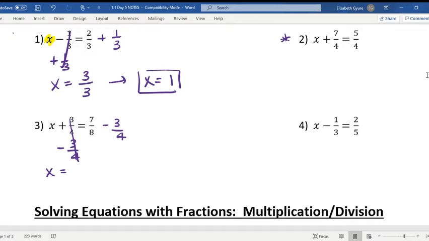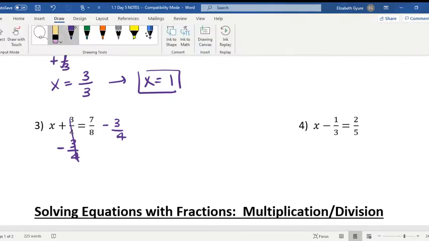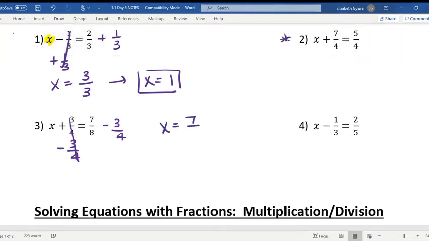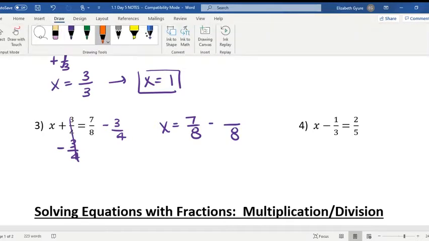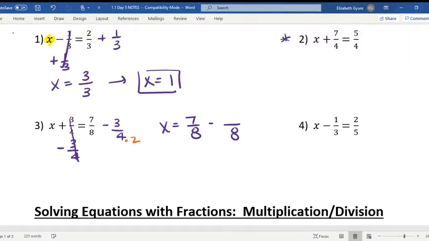So do I need to do anything to the first fraction then? No, we're just going to leave it as, and I'm actually going to move this so I have a little bit more room. I'm going to write on the other side here. And I'm going to have, so x equals 7/8 minus, and then I need to change my other fraction to have an 8 on the bottom. And Dallas said that means we need to multiply our second fraction by 2.